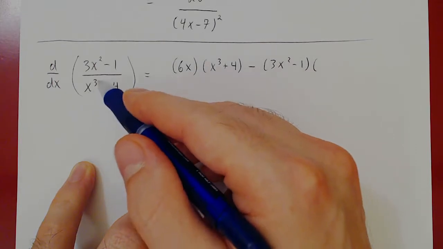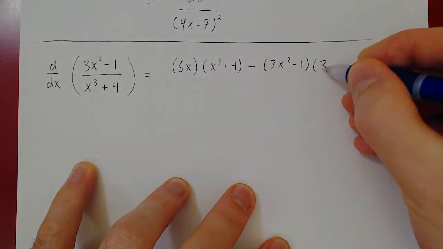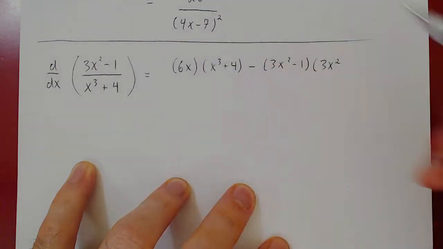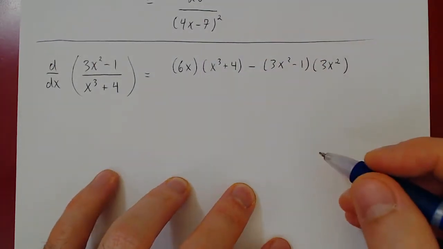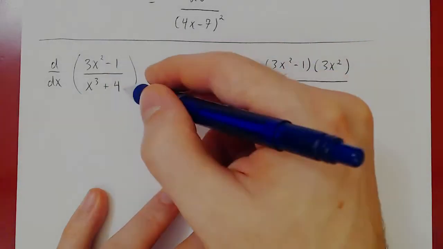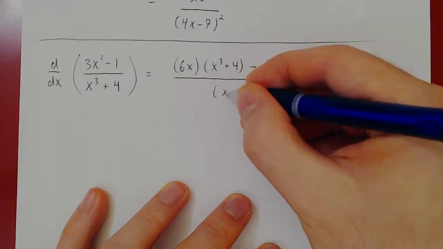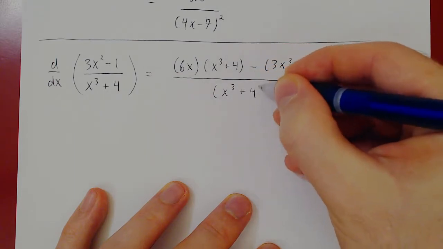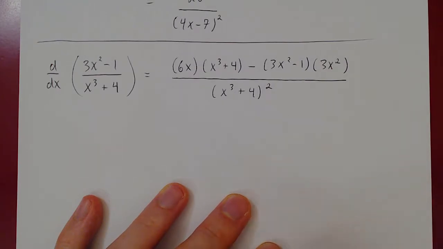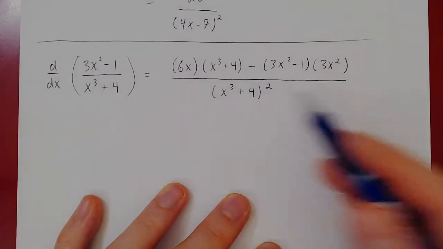Well, the derivative of x cubed is 3x squared, plus the derivative of 4, which is 0, so all we have is 3x squared, all over x cubed plus 4, all squared. And now again, we're done with the derivative. That's it. The derivative of this function is this function.